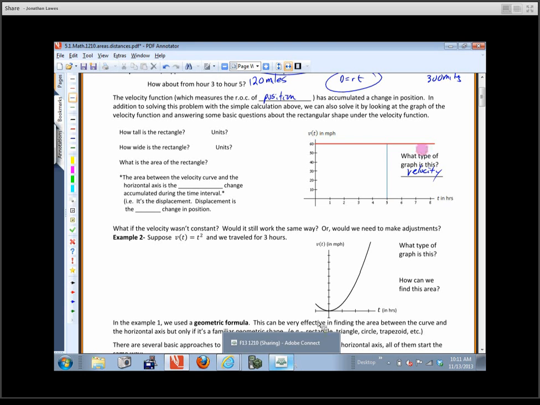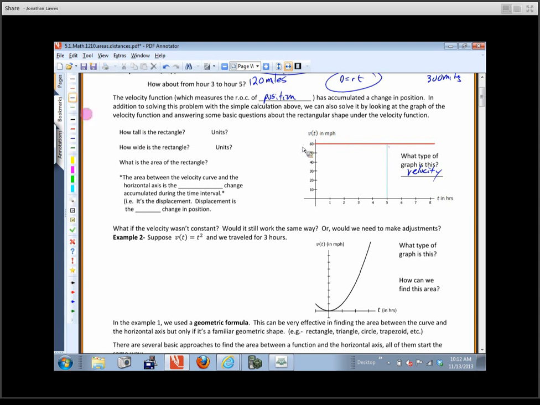So this is a velocity graph, and let's take a good look at it. We were going 60 miles per hour. So this vertical axis is the velocity in miles per hour. This horizontal axis is the time in hours. If I looked at this rectangle right here from 0 over to 5 hours, how tall is this rectangle?